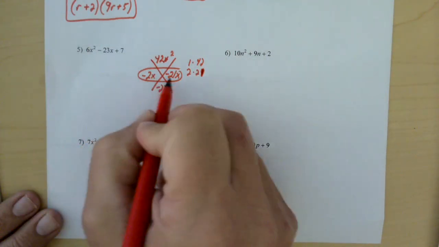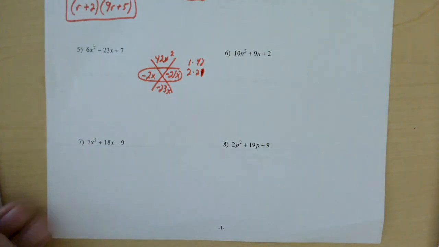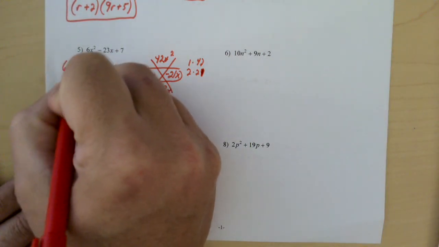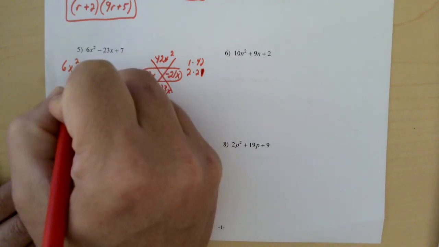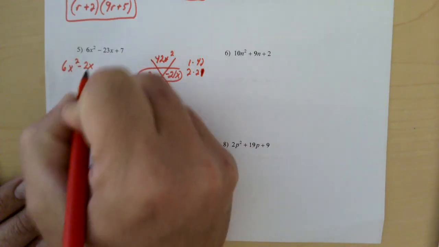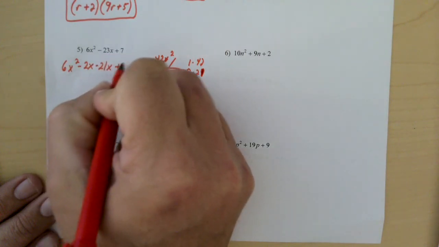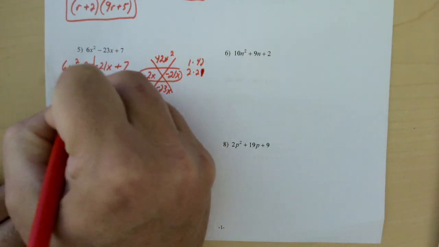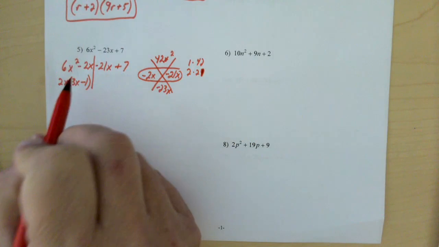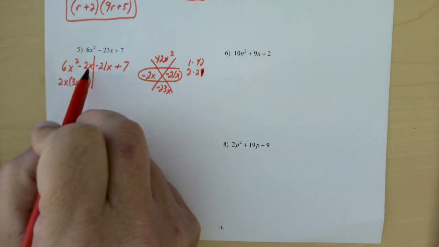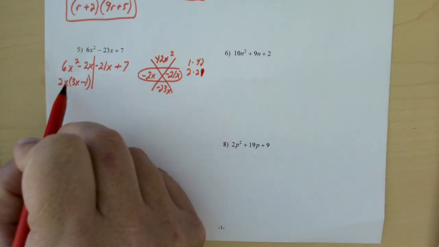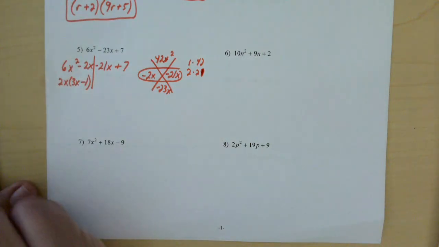There for a second I was thinking that had to, since AC, the product is positive, the signs have to be the same. So in this case, they're both negative. So I'm going to replace the negative 23x with negative 2x and a negative 21x. Split it down the middle, factor out a 2x. Okay, so people mess that up. When you factor out a 2x, if you have a 2x, you're left with a 1. So 2x times 3x is 6x squared. 2x times negative 1 is the negative 2x.